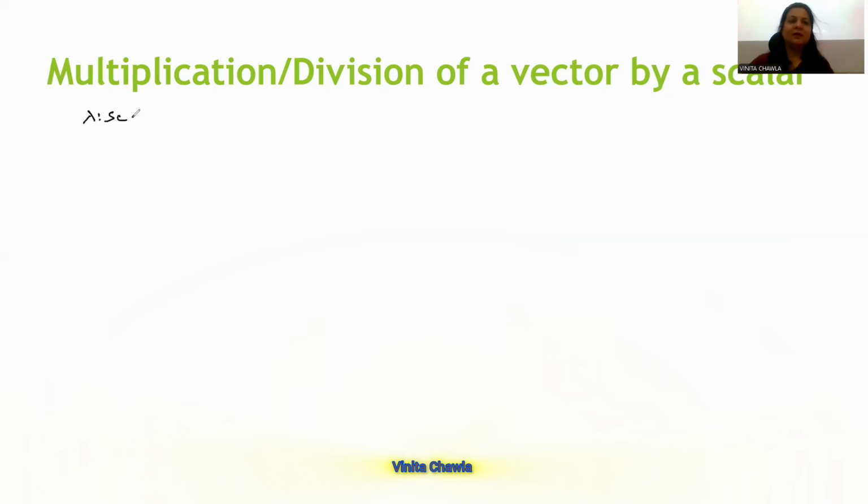If lambda is a scalar quantity and we are multiplying a scalar quantity by a vector, we have a vector A, and if we multiply a scalar quantity by a vector, then we get another vector, vector B. So this is another physical quantity.